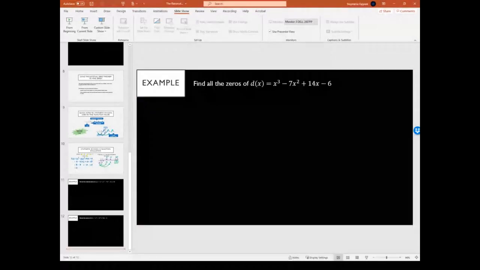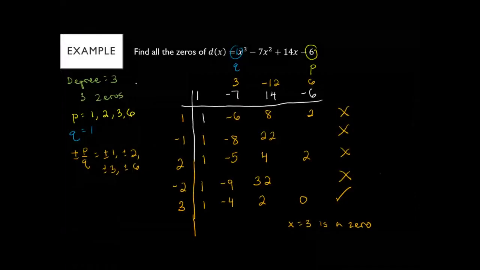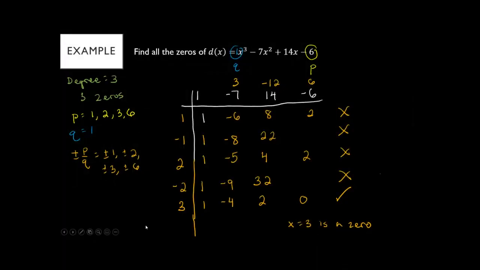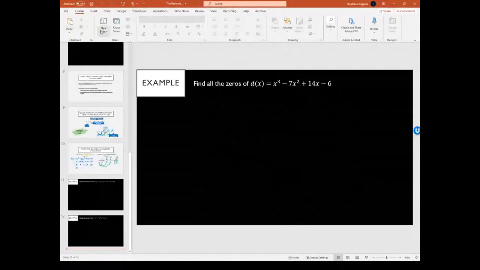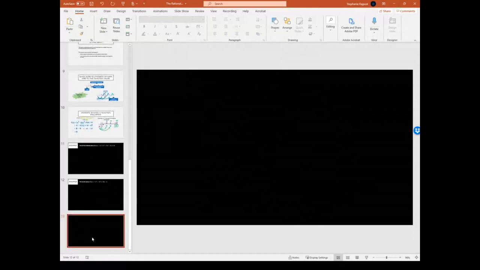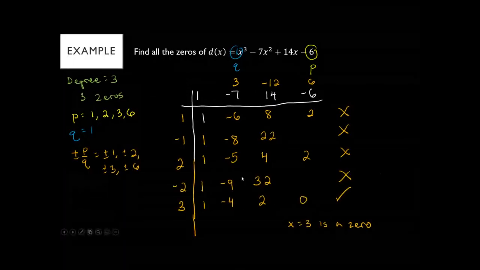Whoops, that was not what I wanted to do. I just want to add a slide. I thought I was on the insert. There we go. Just blank. Okay.